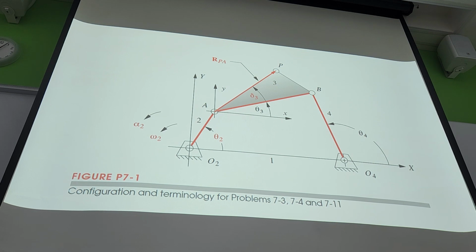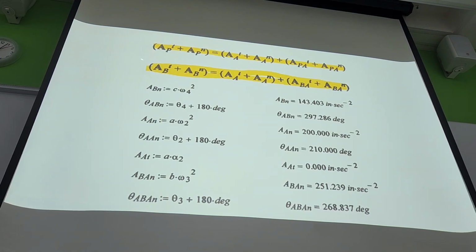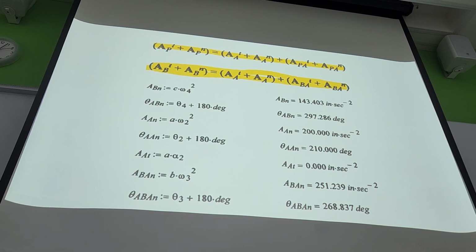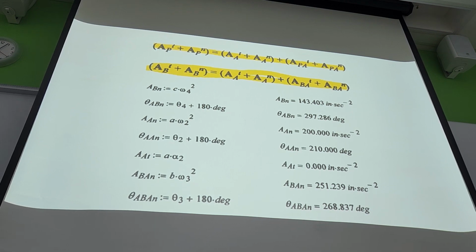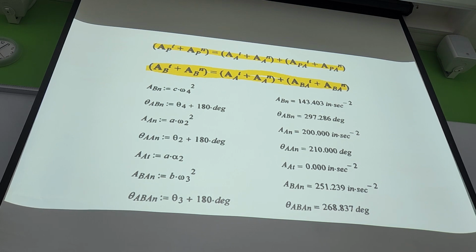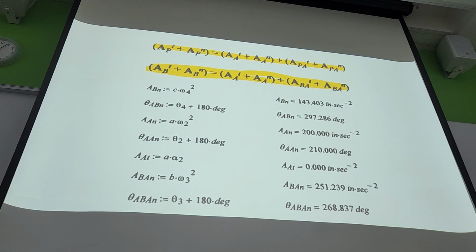So this is the guiding equation. As I said, for point A, you always know the complete information, both magnitudes and directions, of the normal and tangential components. If you're lucky, sometimes the normal component will be 0, so your drawing will be simpler.